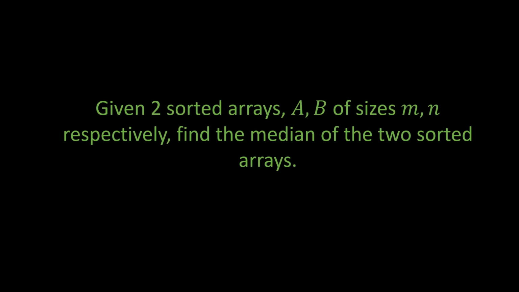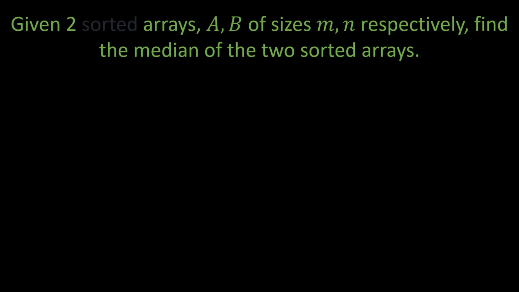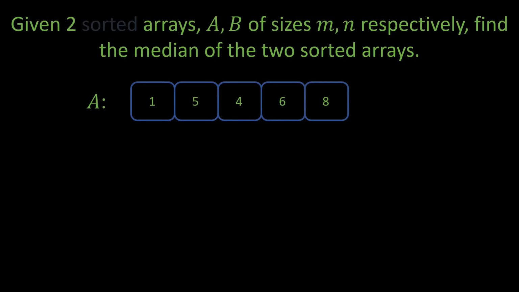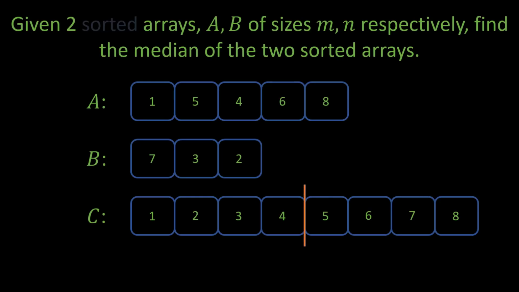In fact, if we go back to our solution and take any two arrays, A and B, that are not necessarily sorted, so for example, A equals 1, 5, 4, 6, 8, and B equals 7, 3, 2, then we can concatenate the two arrays into C, then sort C, then find the median, which in this case is, as expected, 4.5.